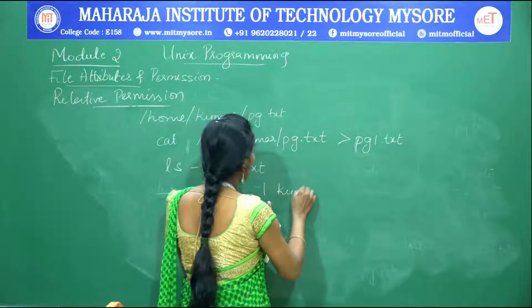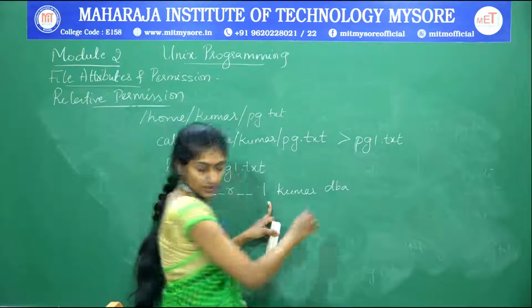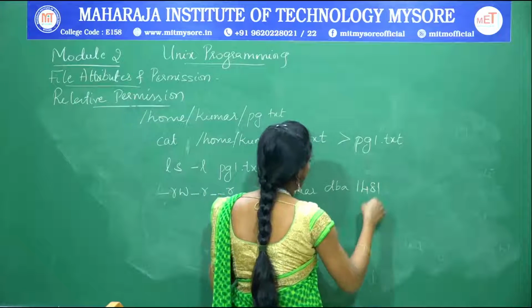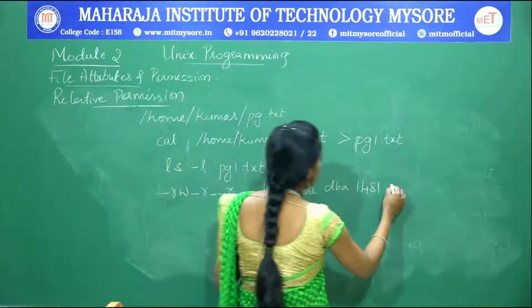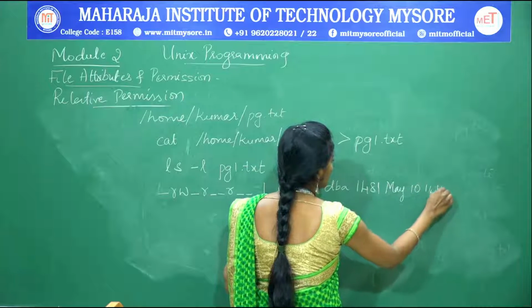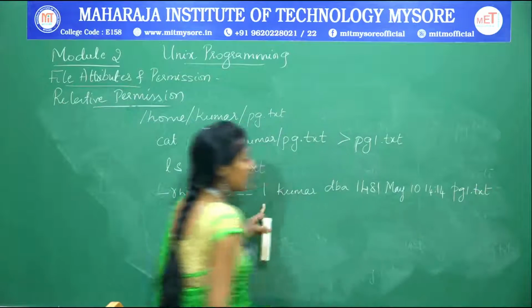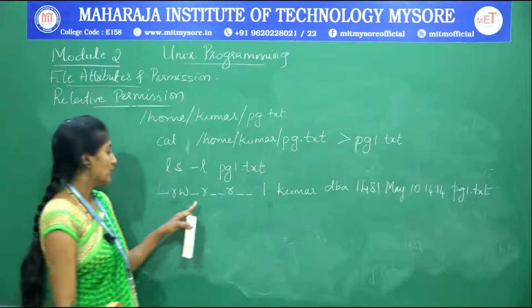This belongs to Kumar, belongs to the DBA group. Next, the size, the content of this file, next the last modification time, next the pg1.txt file name. So this is the output you will get.